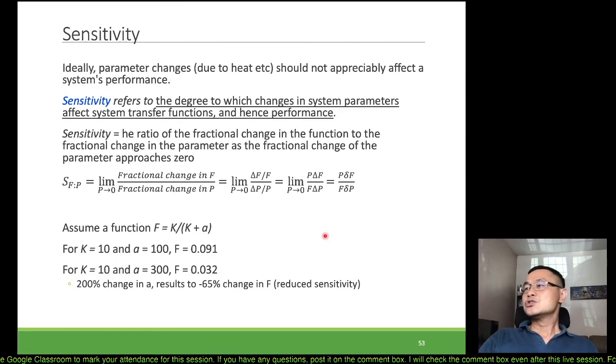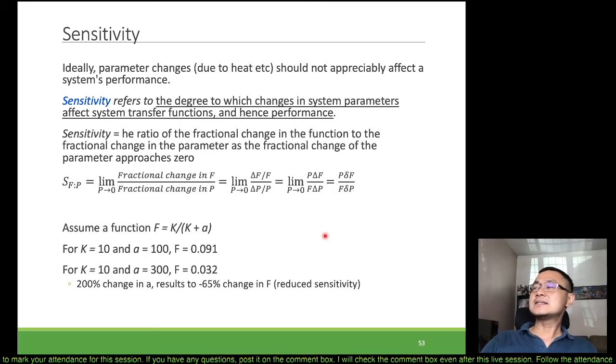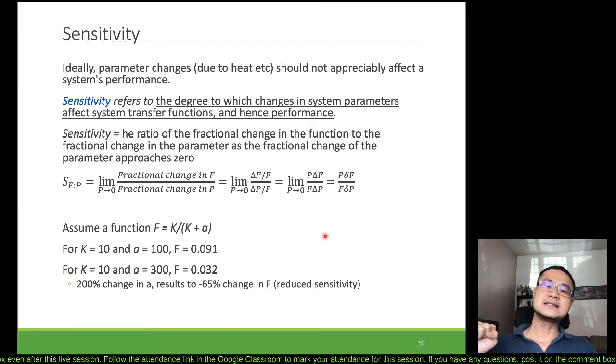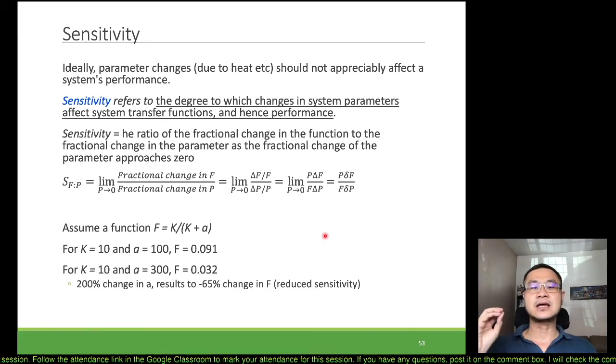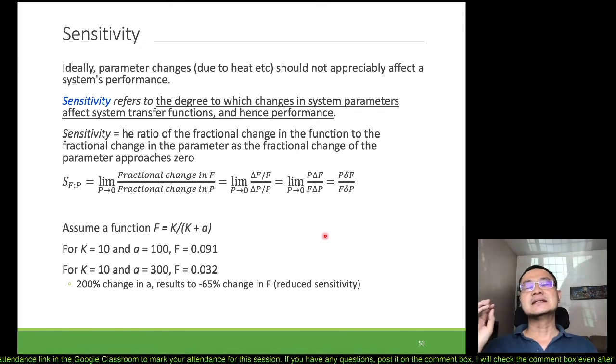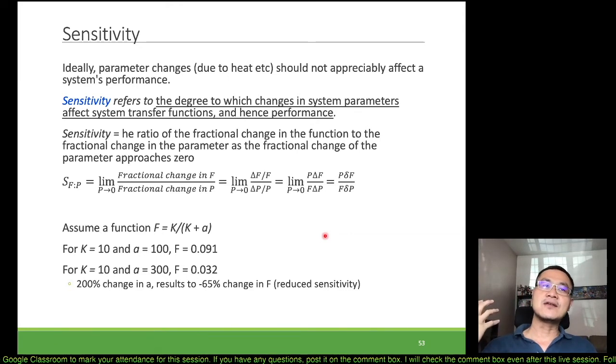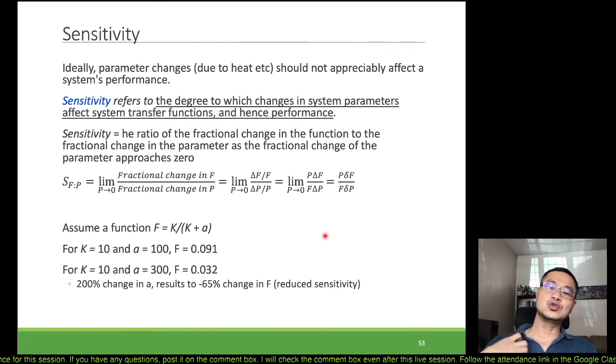All right, so the last section for steady state error would be the sensitivity. Beside the steady state error, we also want to know how sensitive it is towards any change of the parameter. For example, the k constant, or maybe a and other parameters, how sensitive they are towards any changes.